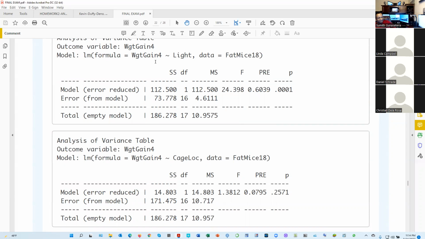Look at the difference here. This is not what we had earlier in the exercise and the other one.